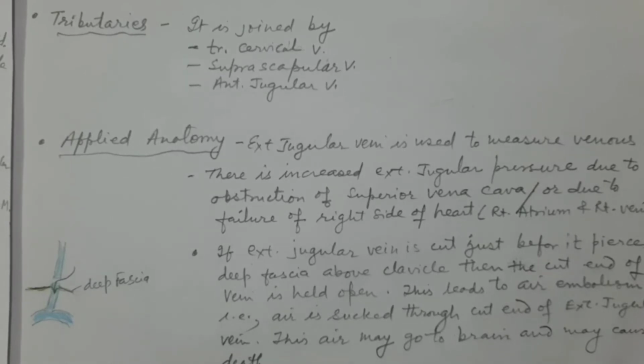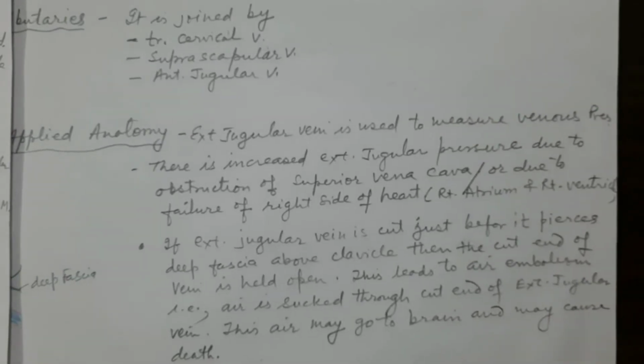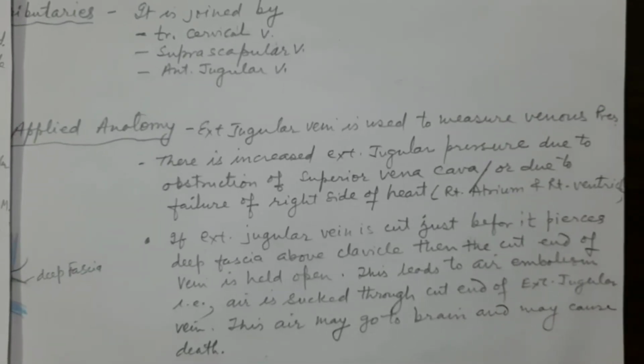If they fail, that means there is something wrong with the lungs, so that the venous blood is not going properly, it starts collecting in the right heart, and that is called failure of the right heart, and this will naturally increase the pressure in the external jugular vein. That's why a dilated external jugular vein indicates that either there is an obstruction at the level of the superior vena cava, or it is failure of the right heart.